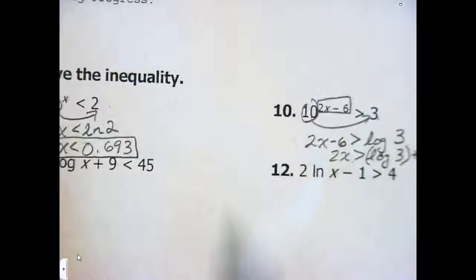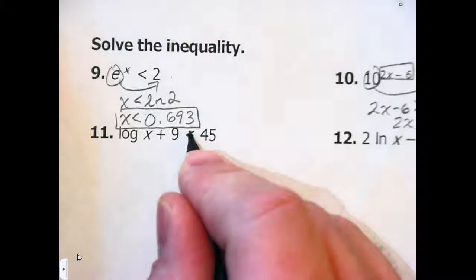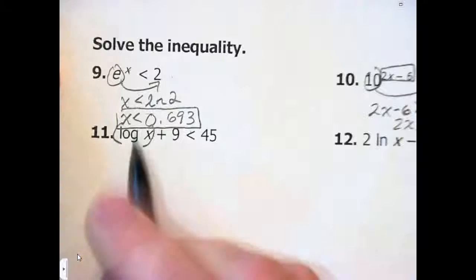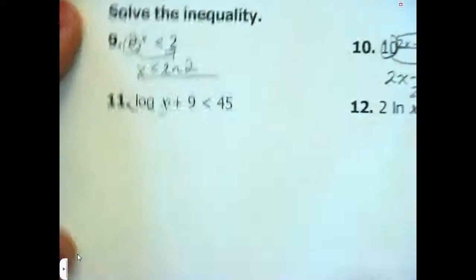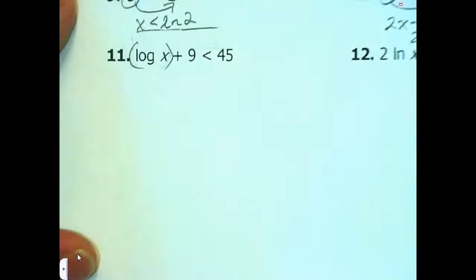Number 9, or number 11, excuse me. It's helpful sometimes, like I said, to put parentheses around the log. Please note that that right there, I'm going to erase this top part so it is not confused with that. That part right there is log of x.